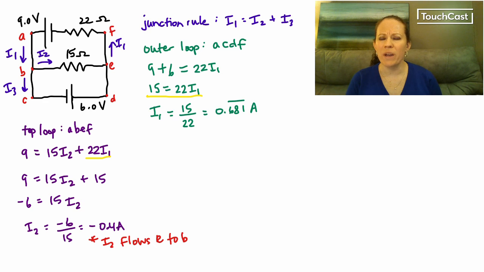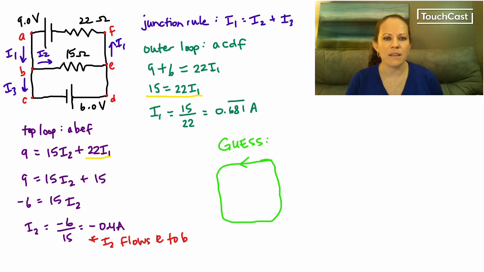So just a quick visual to help you out with that. Our guess for our 2 loops was that we had some kind of big outer loop with current flowing like this, and then we had some kind of top loop like this.